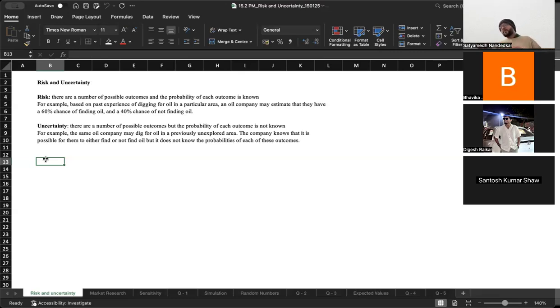Earlier you were saying, maybe I will get oil, maybe I will not get oil when I do oil extraction. In risk, you are saying कि not 100%, I am giving you a probability कि there is an 80% chance कि oil मिलेगा, there is a 20% chance कि oil नहीं मिलेगा.